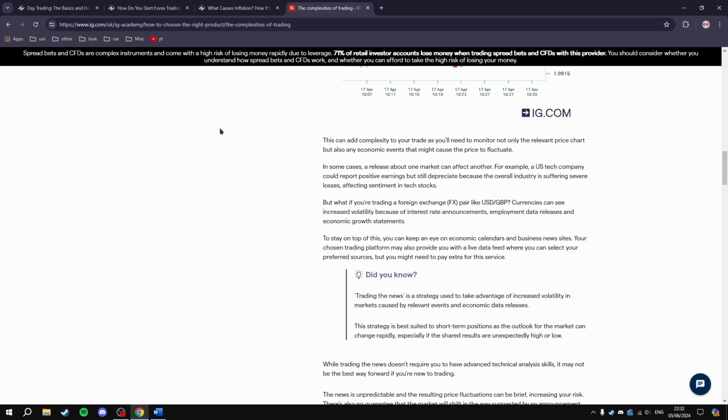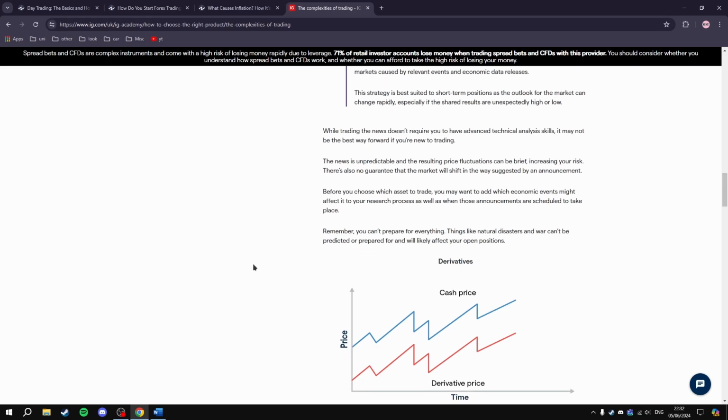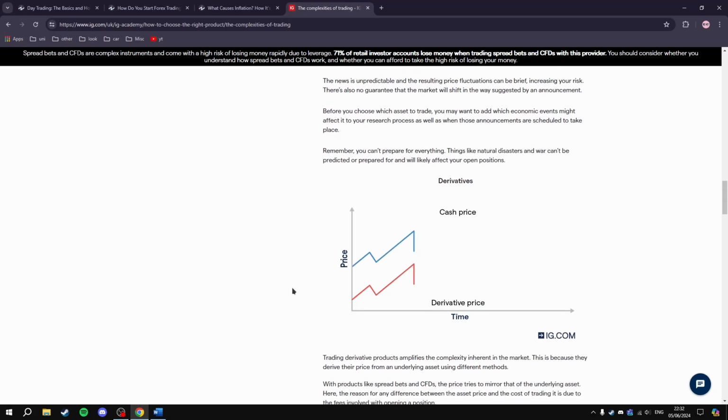In some cases, a release about one market can also affect another. Right, so to stay on top of this, keep an eye out for economic calendars and business news sites. The news is also unpredictable, and the resulting price fluctuation can be brief, increasing your risk. Yep. There's also no guarantee that the market will shift in the way suggested by an announcement.